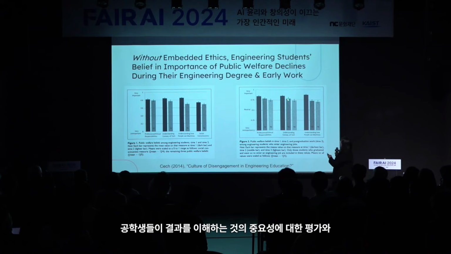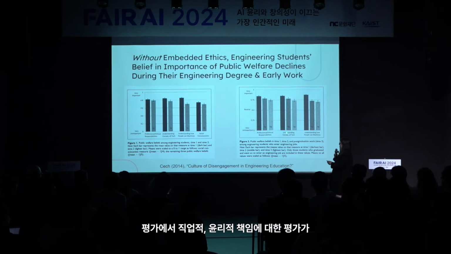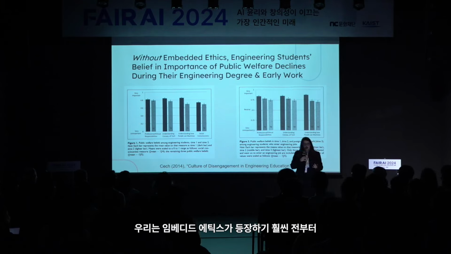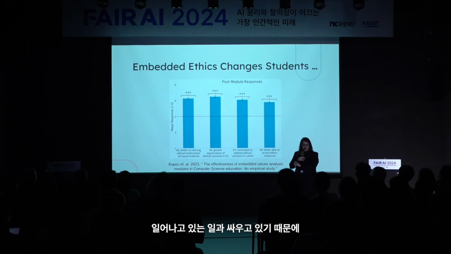So you see this consistent decline in engineering students' evaluation of professional and ethical responsibilities as important, in their evaluation of the importance of understanding the consequences, and in their evaluation of the importance of understanding how people use machines.